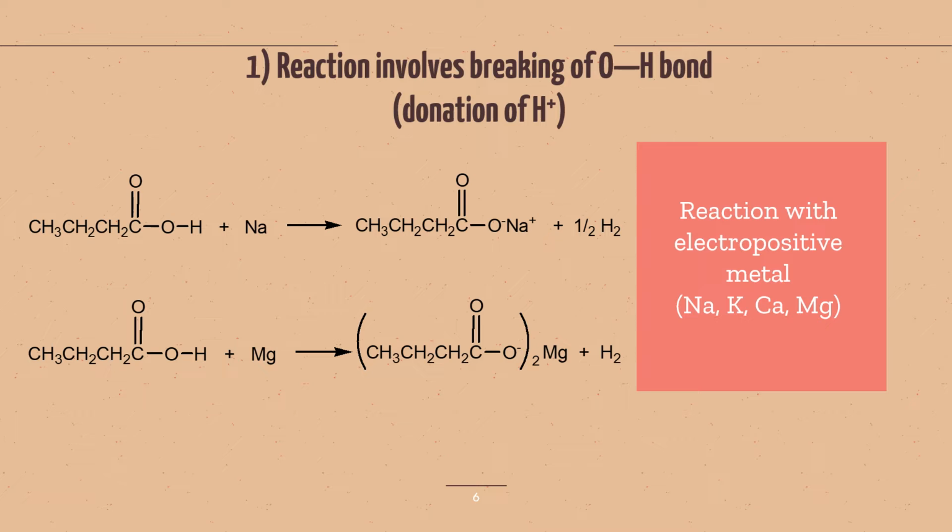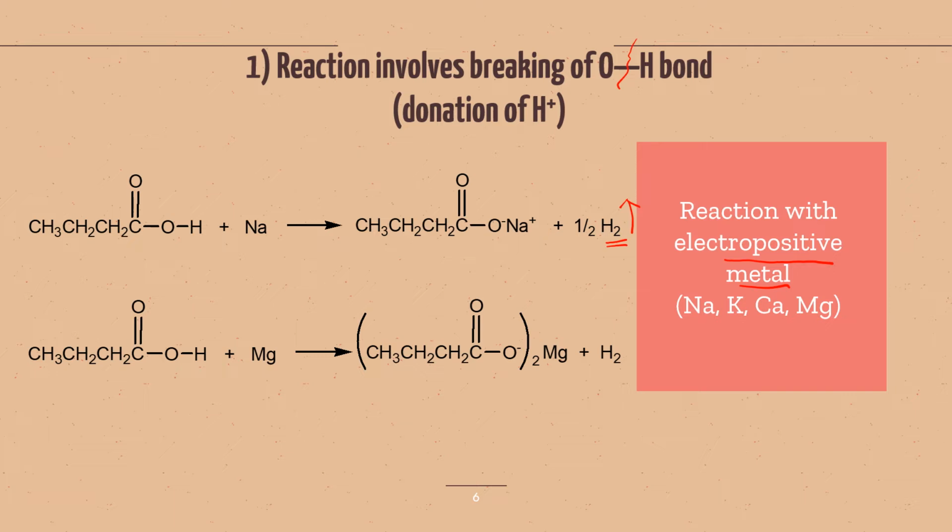Second reaction involving breaking of O and H bond in carboxylic acid adalah reaction with electropositive metal. So di sini, reaction di antara electropositive metal and carboxylic acid will release hydrogen gas. Okay, hydrogen gas akan dibebaskan daripada this reaction.